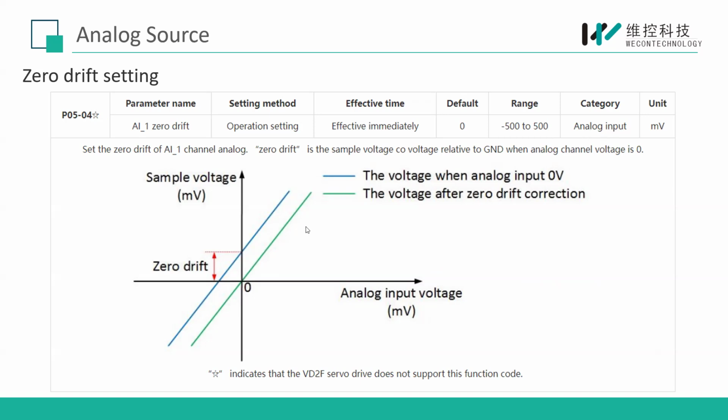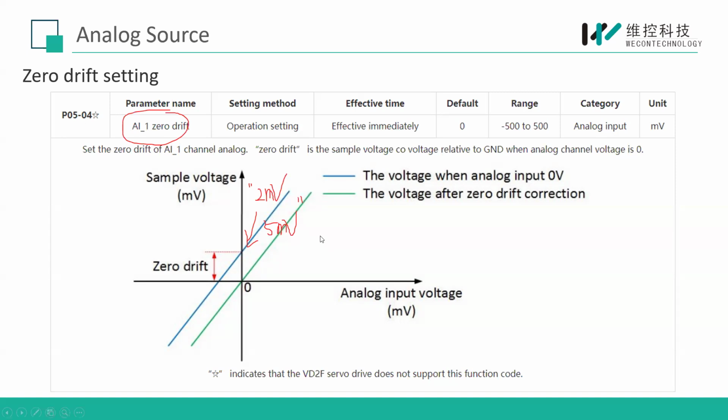But sometimes there may be some small error on the driver side. For example, there are no analog inputs, but the driver displays maybe 2 mV or 5 mV. In this status, we can set this parameter to make this error disappear.